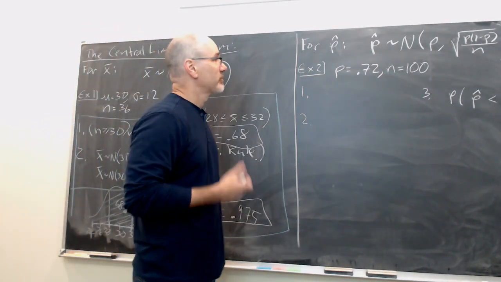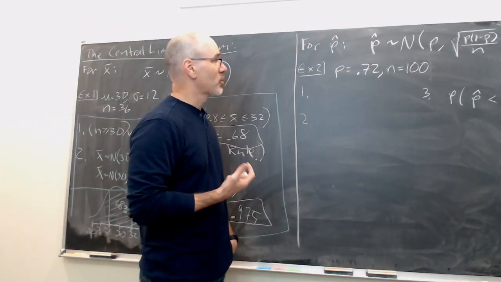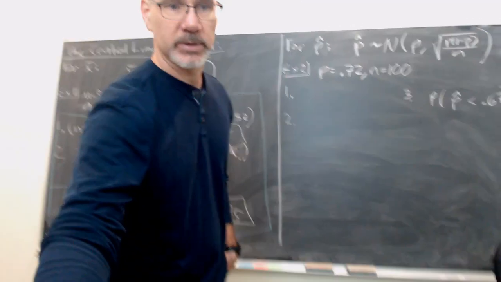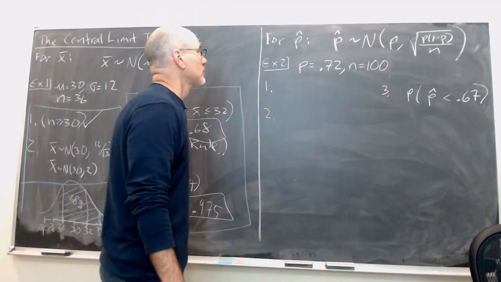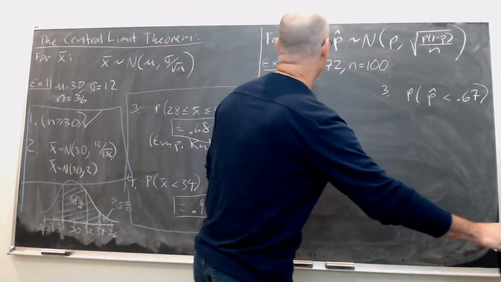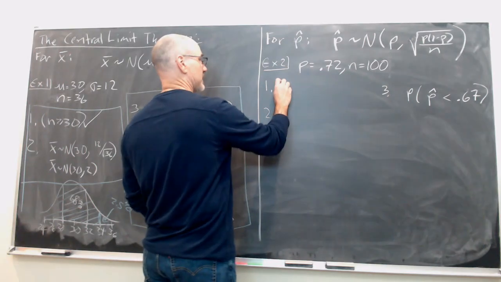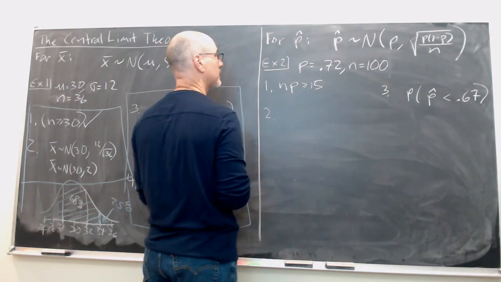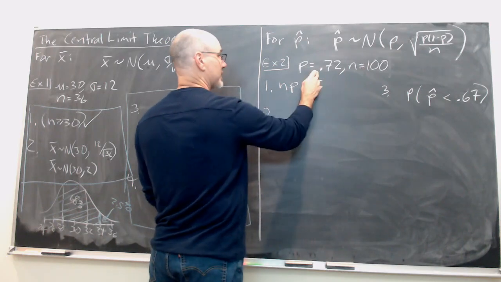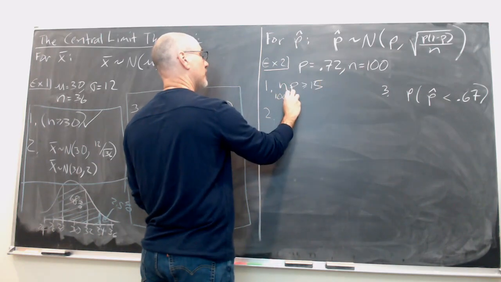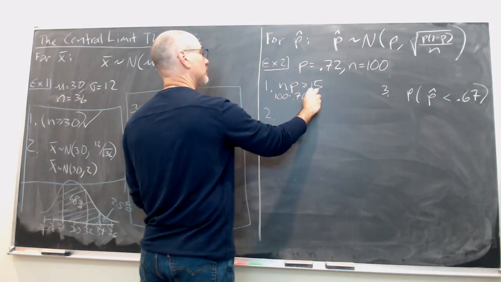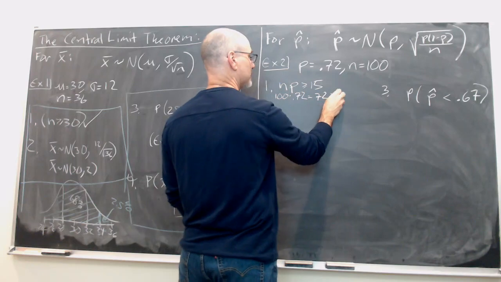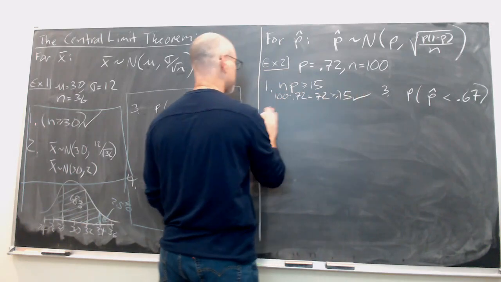Now, for sample proportions, we have a little bit more to check to make sure that the theorem applies. One thing we have to check is that n times p is at least 15. My n is 100, my p is 0.72, and the product is 72. That's bigger than 15, so that checks out.